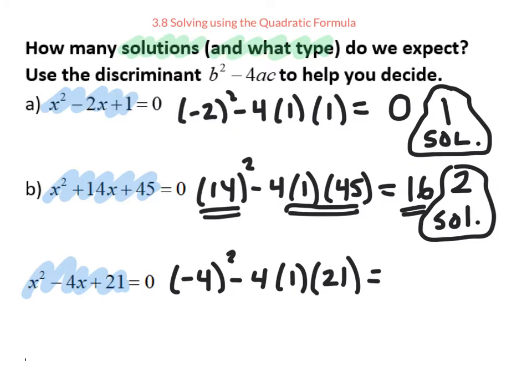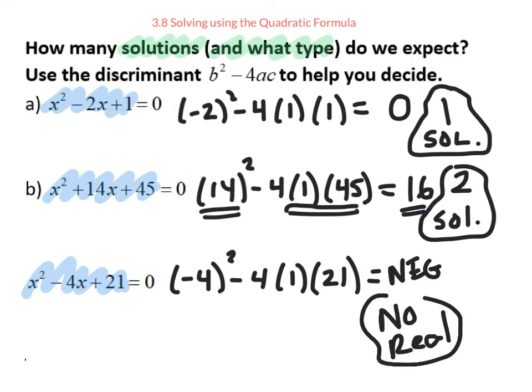In the final case, we see 16, and then we subtract negative 84. This is going to be a negative answer, and so this produces no real solutions. The discriminant allows you to quickly determine 1, 2, or none.